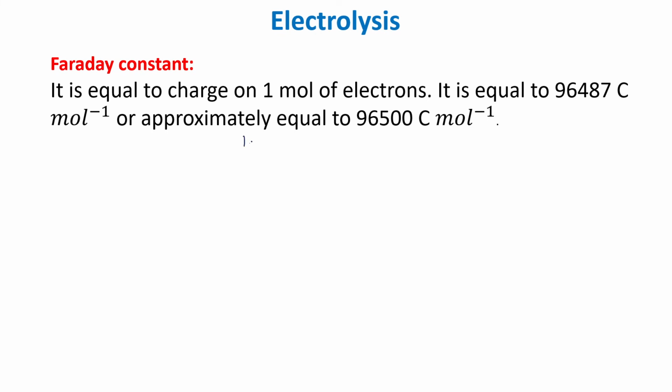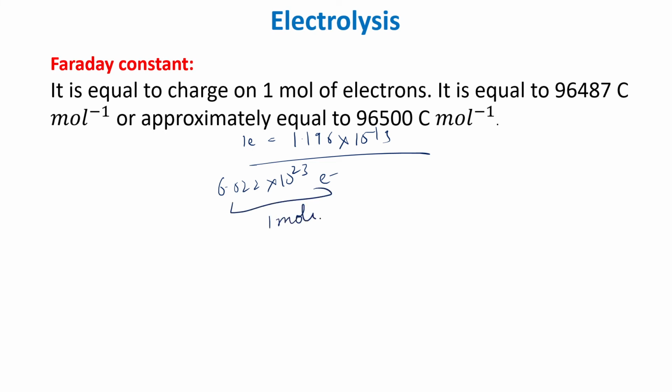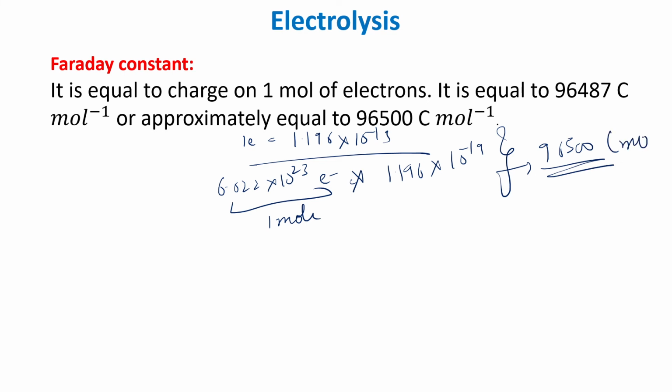The charge of 1 electron is 1.6 into 10 raised to power minus 19. For 6.022 into 10 raised to power 23 electrons, that is 1 mole of electrons, multiply this with 1.6 into 10 raised to power minus 19. You will get 96500. This is the charge for 1 mole of electrons, defined as capital F, Faraday.